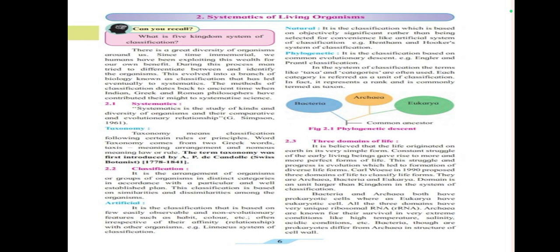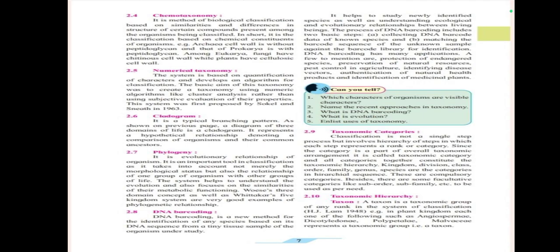The three domains have very unique ribosomal RNA. Archaea are known for their survival in very extreme conditions like high temperature, salinity, acidic conditions, etc. Bacteria, though prokaryotes, differ from archaea in the structure of the cell wall. Chemotaxonomy: it is a method of biological classification based on similarities and differences in the structure of certain compounds present among the organisms being classified.